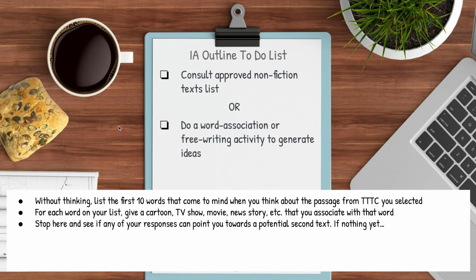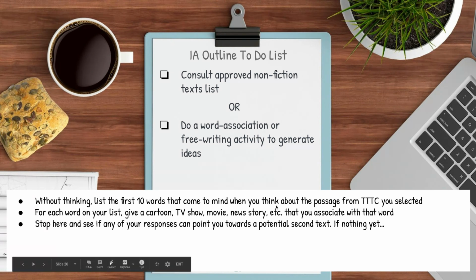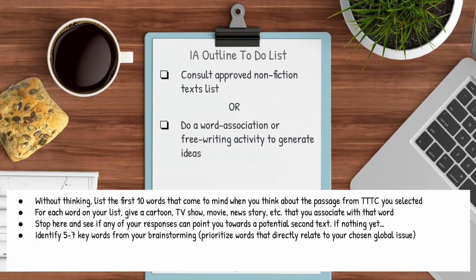So for some of you, that might be enough. If you stop there and you find that, oh yeah, actually I can use this cartoon that I associated with this, that's great. But for those of you for whom that doesn't give you an answer just yet, the next thing in that process, I would say, is to identify 5 to 7 keywords from your brainstorming.